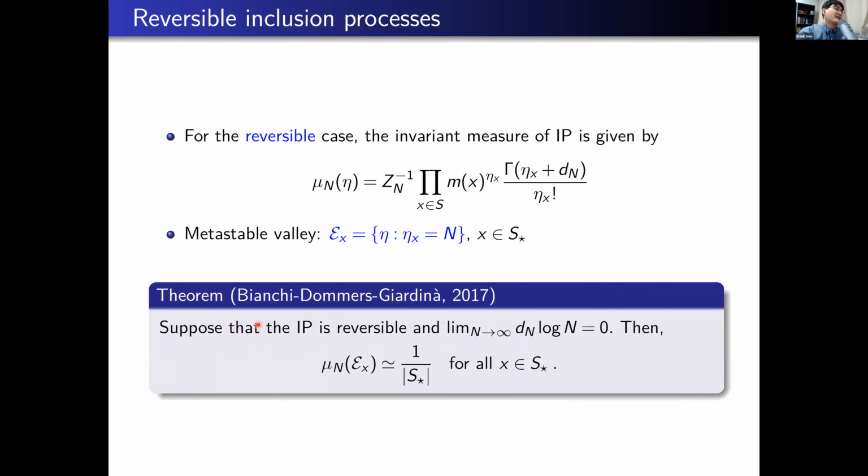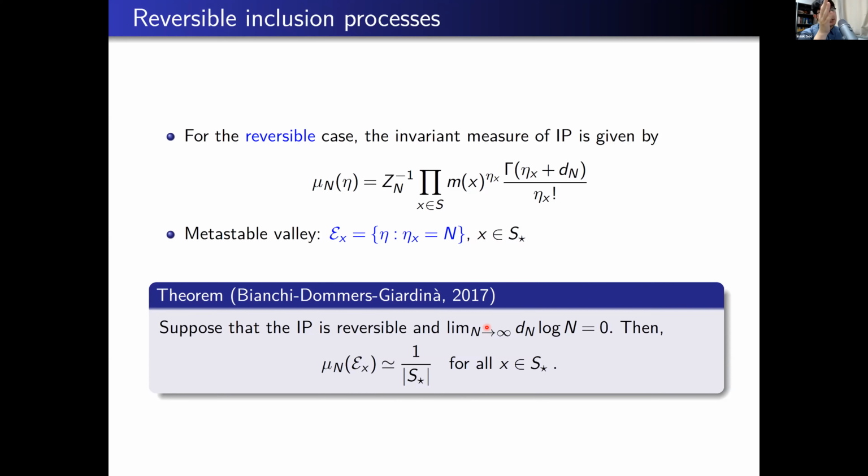And that is the result obtained by Bianchi, Dommers and Giardina in this paper. They show that if the inclusion process is reversible and the diffusivity Dn converges to 0 faster than 1/log n, then you observe a condensation of particles.